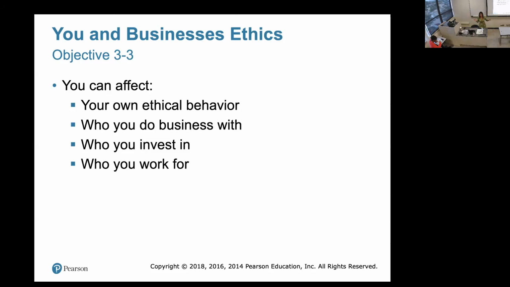At one point in your life, maybe not your first job out of college, you're actually going to have a choice of where to work. You're just going to get the job from the company that offers it. But after a while, you collect experience, you become more marketable, maybe specialized in a certain area. You can actually choose what type of companies you want to work for, right?